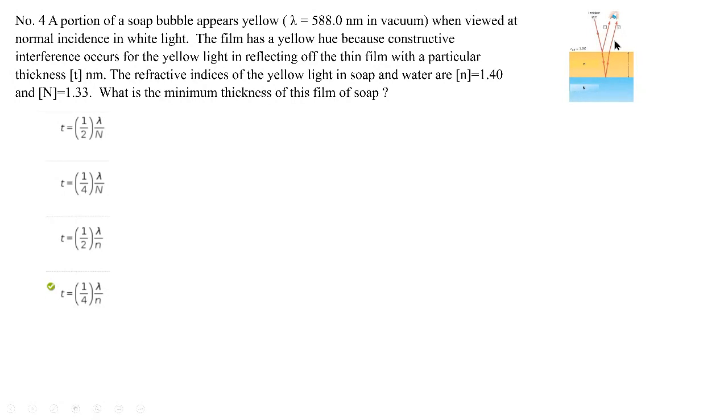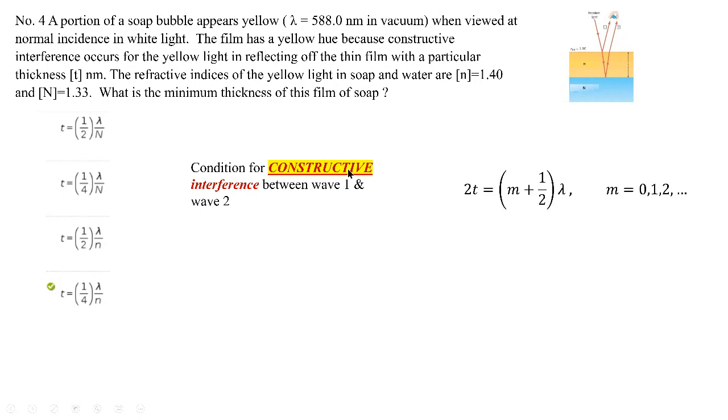Then there appears to be more yellow than green, blue, red, and so on. Then the question is, what is the thickness that causes just this effect?